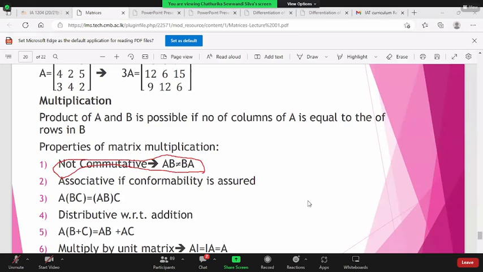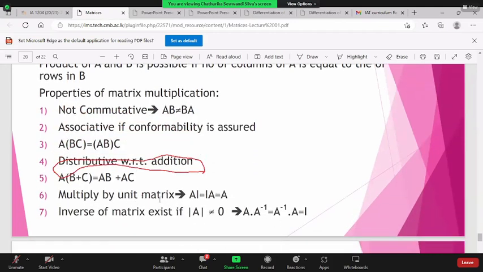Other than that, multiplication by a unit matrix. If any matrix is multiplied by the unit matrix, you will come across the same matrix.